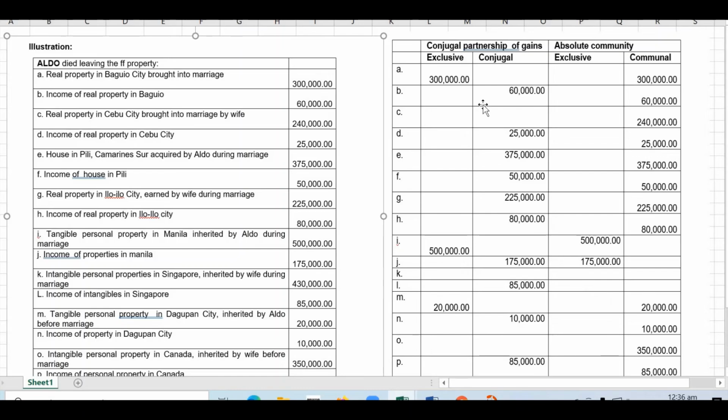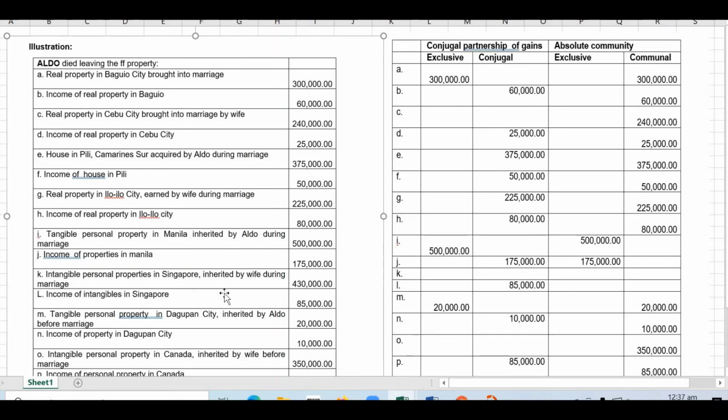Kasi sa conjugal partnership of gains, ang income is always conjugal. However, sa absolute community, mag-parallel. If the property is exclusive, so exclusive din yung income. Okay?